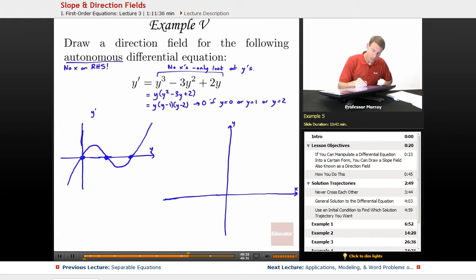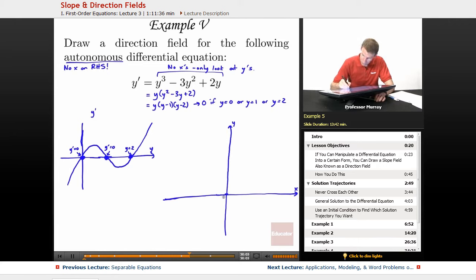So what I've done here is I've looked at where y prime is positive or negative in terms of y, and I really only have to look in terms of y, because there were no x's appearing on the right-hand side. What I notice here is that at y equal to 0 or 1 or 2, y prime is equal to 0. Now over on the y versus x graph, y is on the vertical coordinate.